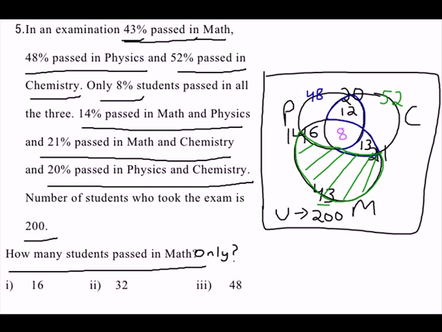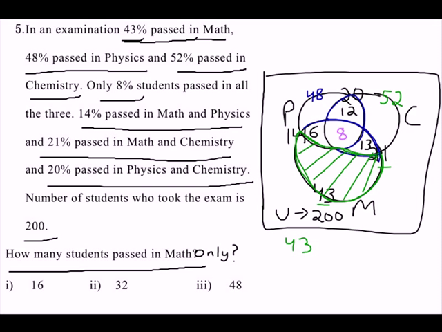So what we need to do is to find the number of students represented by this green shape, and this is essentially 43. 43 represents this whole set of students who pass in math, essentially this circle here.